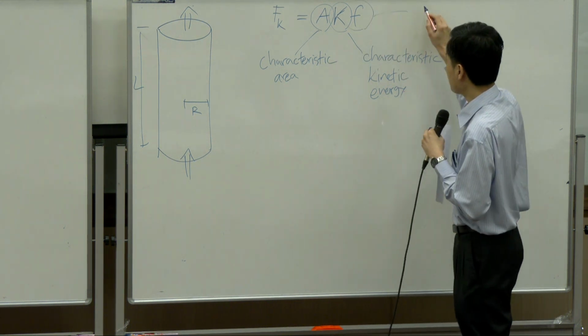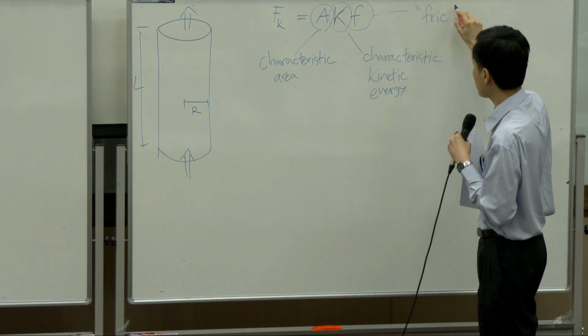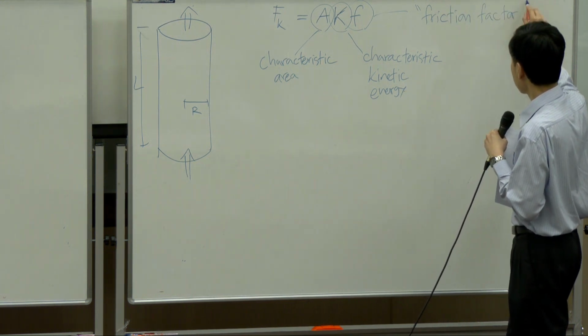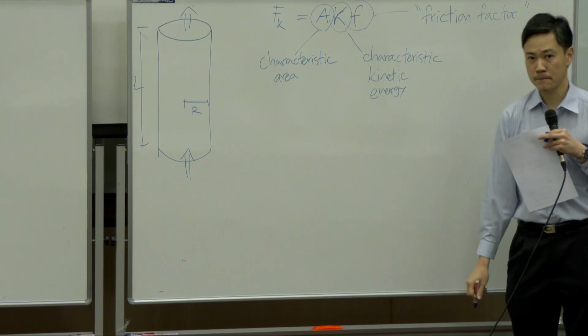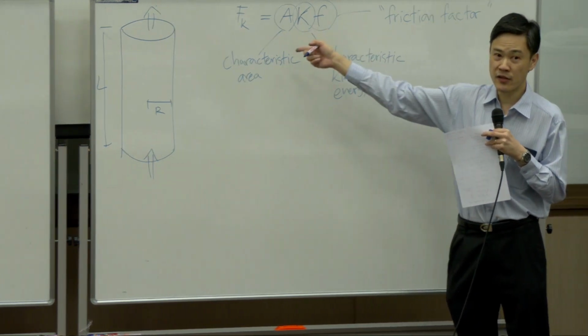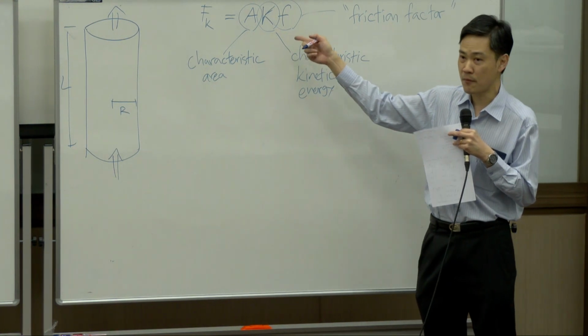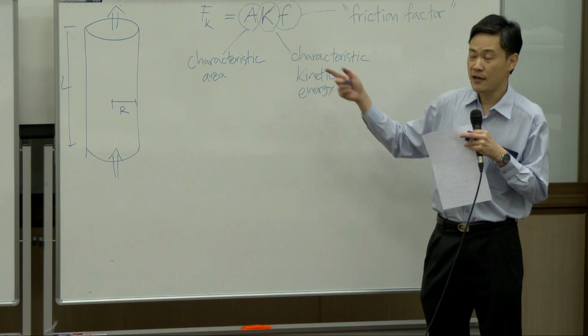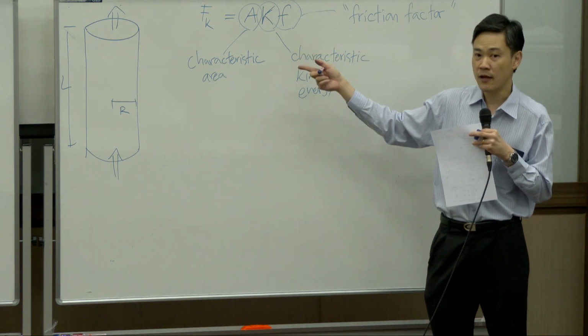This small f is called friction factor. Okay? This probably will be the only equation that you have to remember. It will not be available in the examination room. But anyway, the examination is open book anyway.